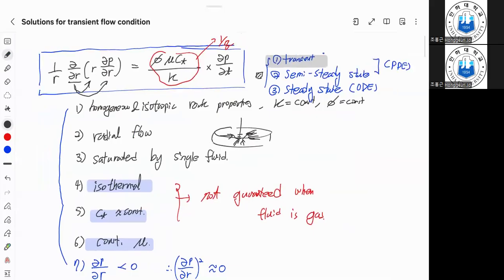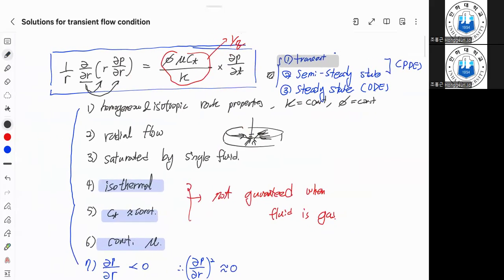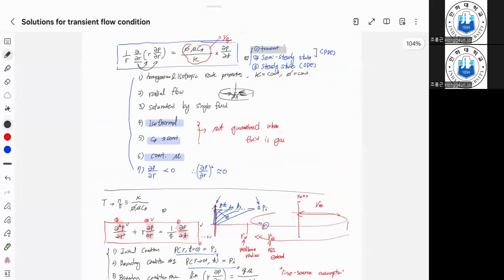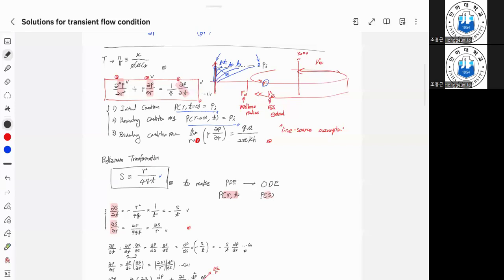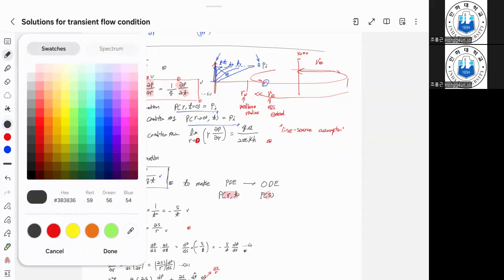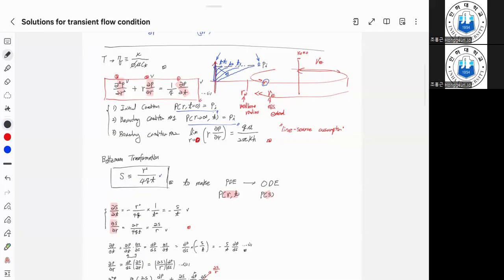To summarize, we had a simplified diffusivity equation with 7 underlying assumptions, and we are going to solve it in a transient condition. The transient condition is when we are doing well testing or PTA, pressure transient analysis. But this equation is a PDE, so we have to convert it into an ODE. Before doing so, we summarized the initial condition as well as the boundary conditions.